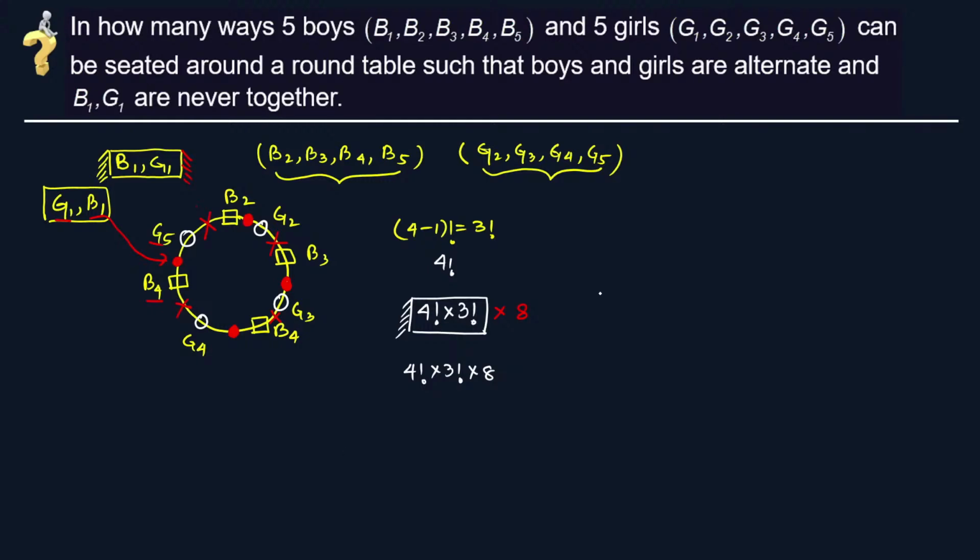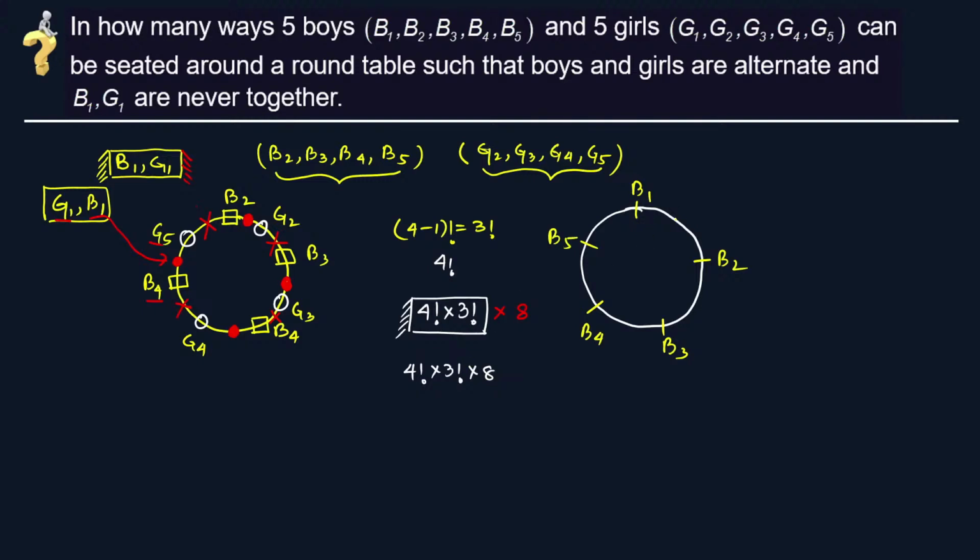Now, without any restriction, 5 girls and 5 boys can arrange among themselves alternately in how many different ways? Without any restriction. The only restriction is that boy and girl are alternate. So in how many different ways can these people sit? Say this is B1, B2, B3, B4 and B5. Okay?